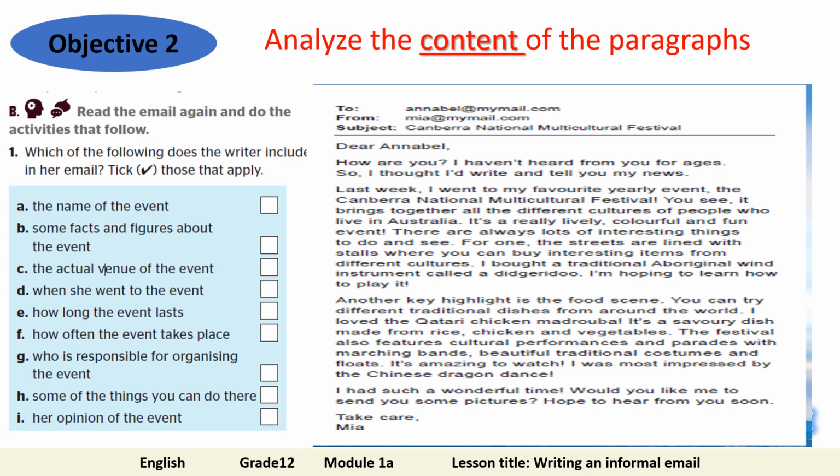Let's get started. The name of the event. Can you spot the name of the event here? I can. Here it is. Canberra National Multicultural Festival. Let's move on to B. Some facts and figures about the event.